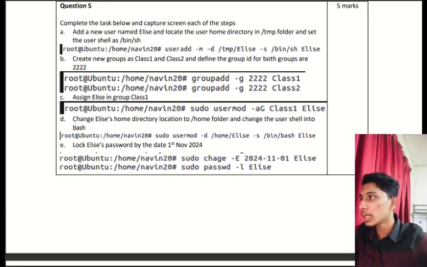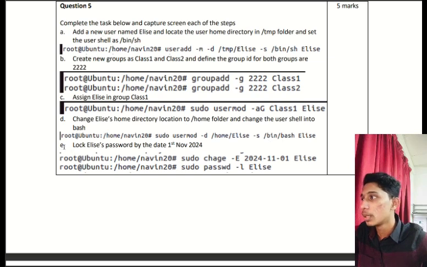And then C. Add Alice in group class 1. Sudo usermod -aG class 1 Alice. And then D, change Alice's home directory location to the home folder and change the user shell into bash. Sudo usermod -d /home/alice -s /bin/bash alice.